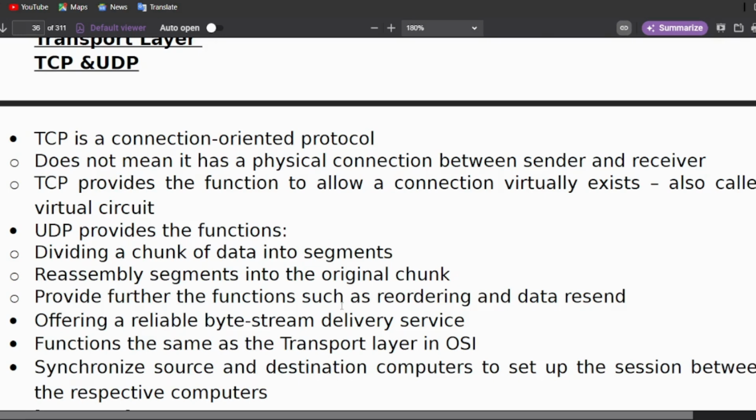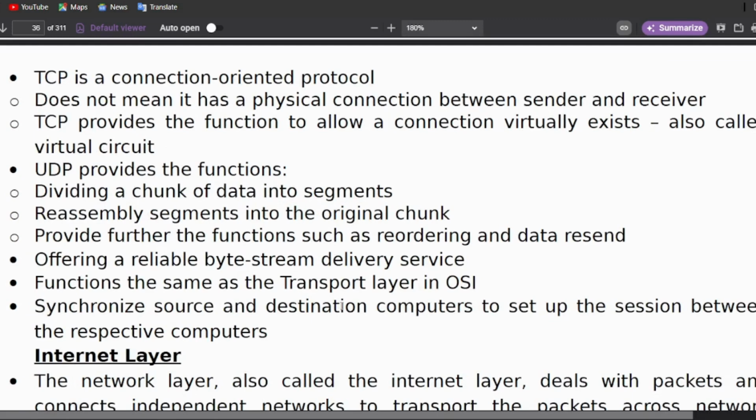So at the TCP we have a connection between the physical devices, but we can use the virtual circuit, where data is not divided into chunks. There we have the segments, packets, frames, those kinds of things. Here reassembling of segments will be done at the network or transport layer.